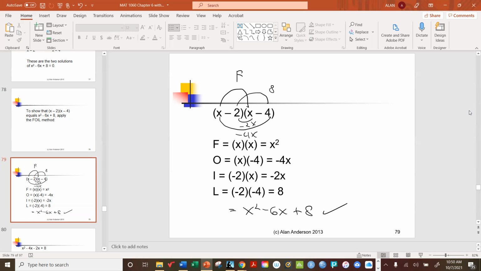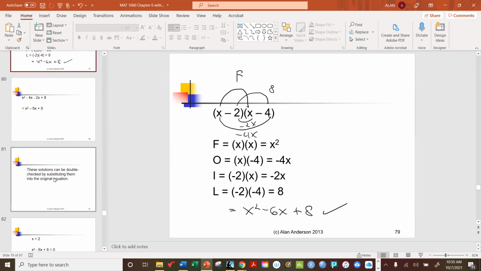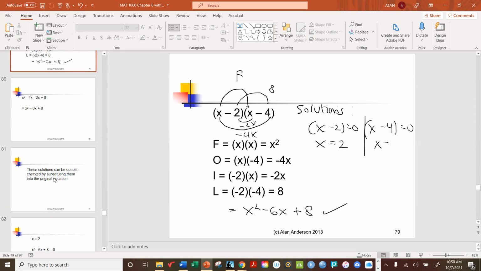But what about the solutions? Well, this implies the solutions must be x minus 2 equals 0, x minus 4 equals 0. And that just simply means that x equals 2 and x equals 4.